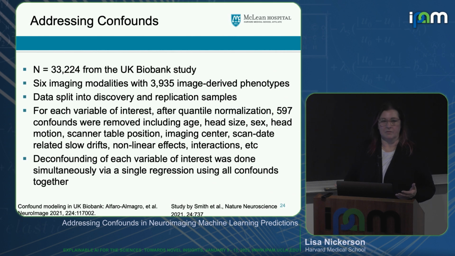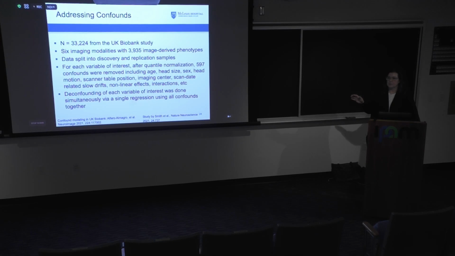So there are a lot of confounds that you need to consider. The reason I picked this paper was because they have this, it's not really a companion paper, but they have this paper that describes confound modeling in the UK Biobank. And this is a nice resource because it goes through all of these different confounds that you may need to think about in big neuroimaging.